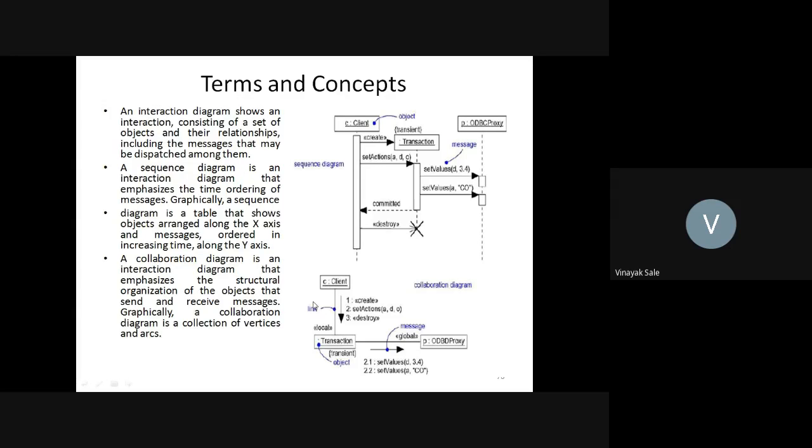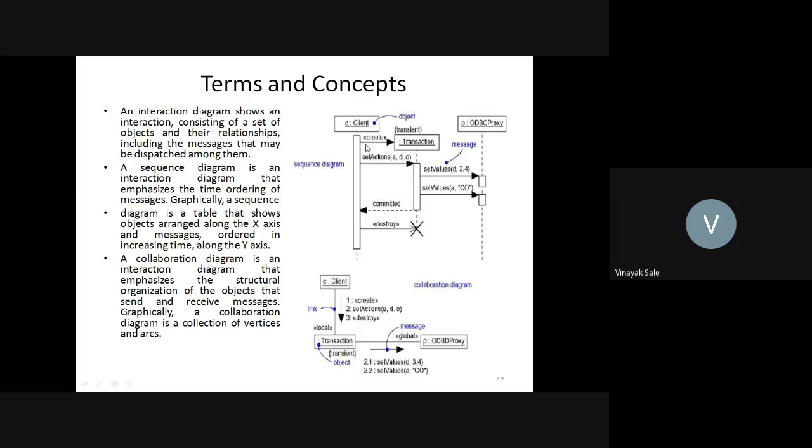Then the collaboration diagram is the interaction diagram based on the structural organization of the objects. The same sequence diagram can be drawn as a collaboration diagram in such a way that the objects are arranged in the form of structures that send and receive messages, with a particular sequence.